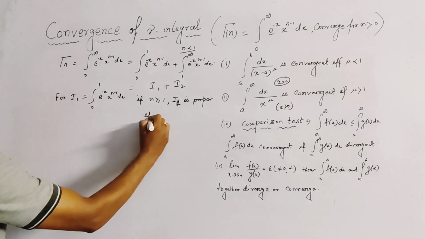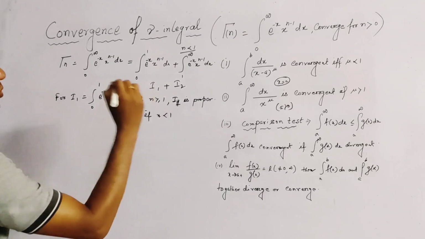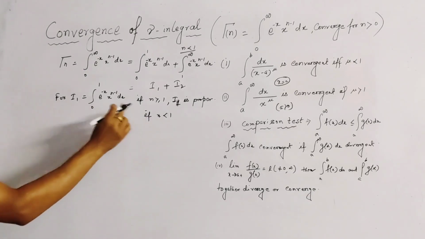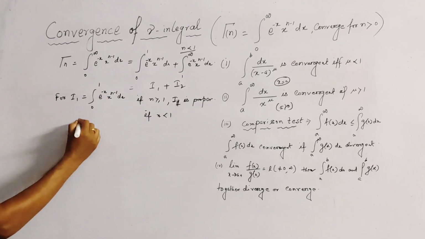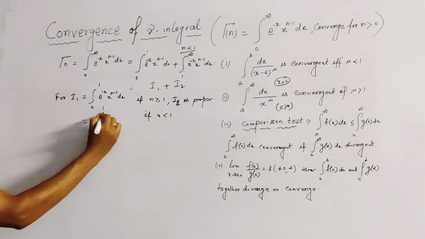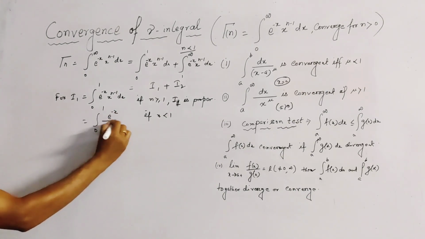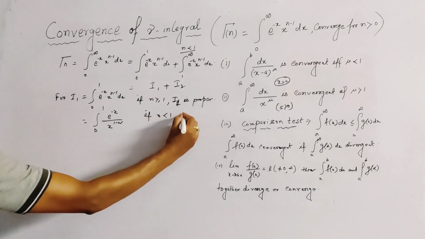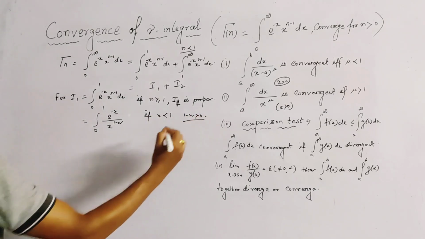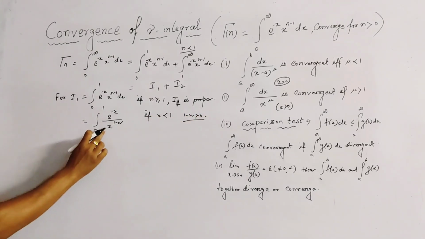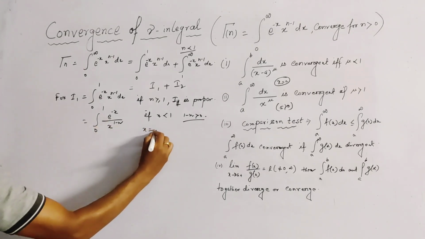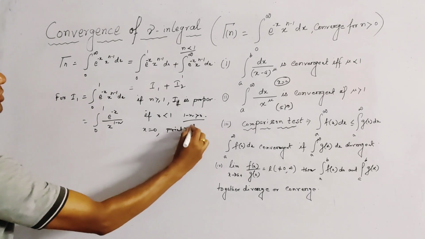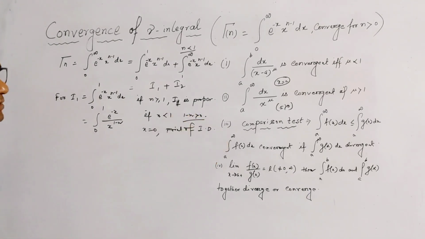Now if n is less than 1, then we write this integration as integration 0 to 1 e to the power minus x into 1 by x to the power 1 minus n, because 1 minus n is greater than 0 here. And in this case x equal to 0 is the point of infinite discontinuity.